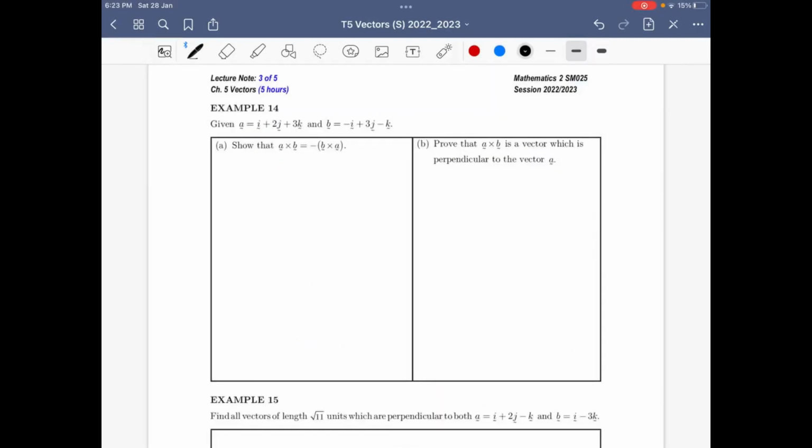Example 14. Given vector A, i plus 2j plus 3k and vector B, negative i plus 3j minus k. Show that A cross B equal to negative B cross A. Okay. So A cross B, we need to use a larger space.